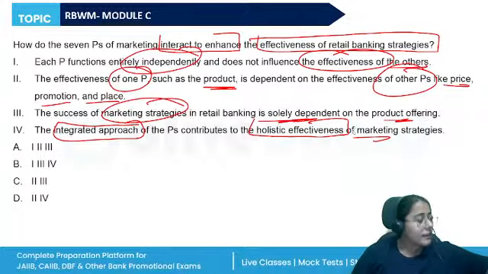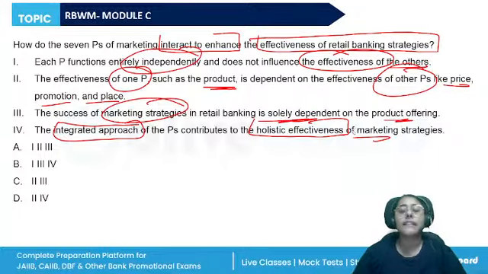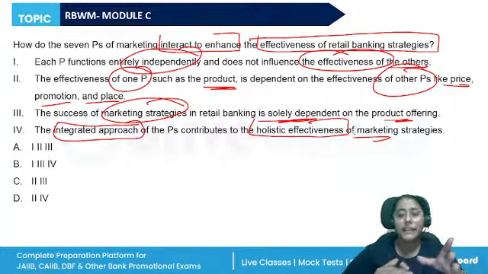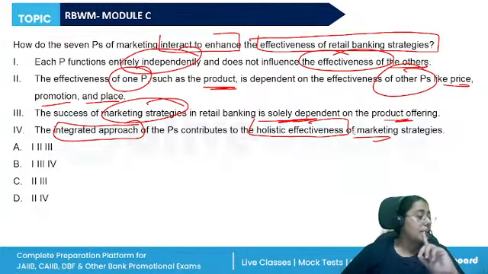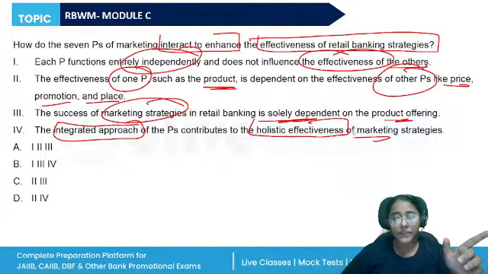So, when we are talking about the seven P's, they actually follow an integrated approach. They are not completely independent, they are rather interdependent. The effectiveness can be measured by the response of the customer, and the effectiveness is also dependent upon the other P's. All right.